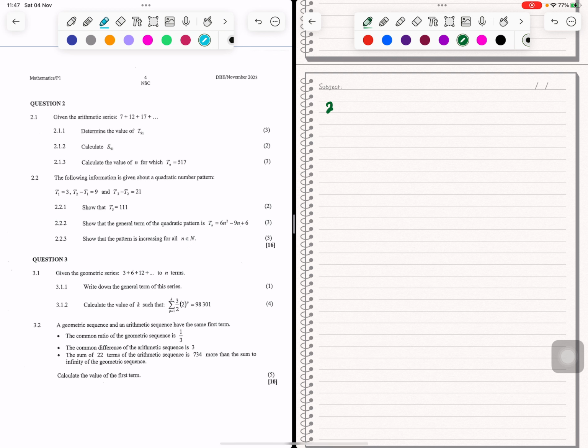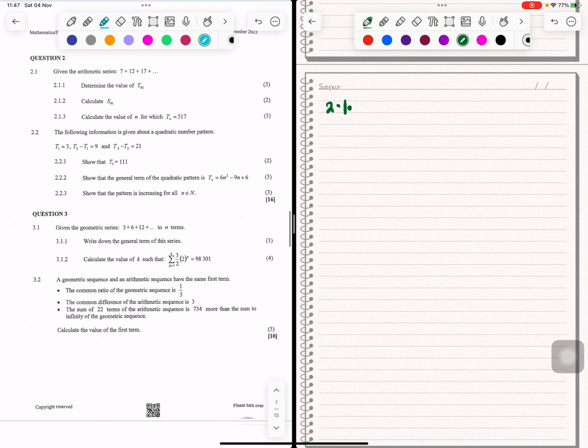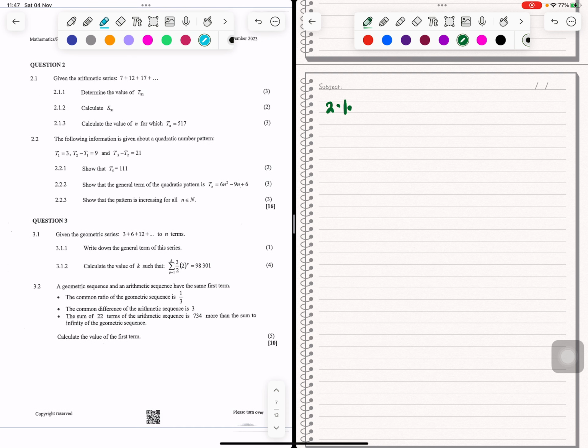Now let's do 2.2 together. What are they saying here in 2.2? The following information is given about a quadratic number pattern. So here we are switching from arithmetic to a quadratic. They say the first term, which is T1, is equal to 3. And then what else?